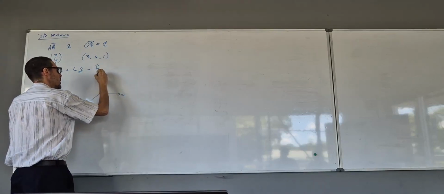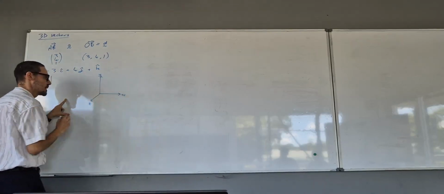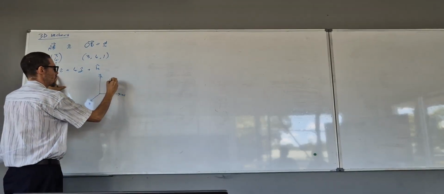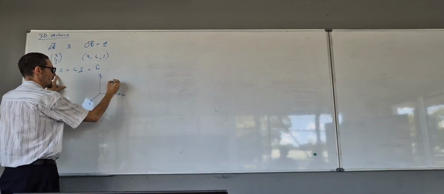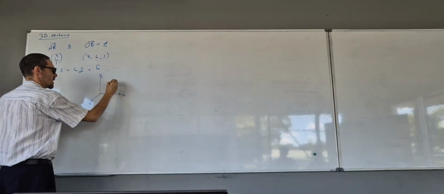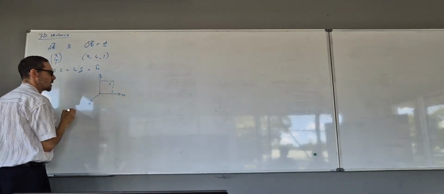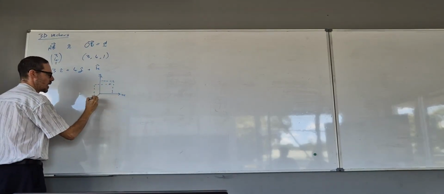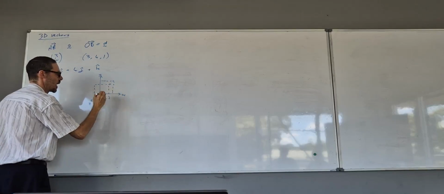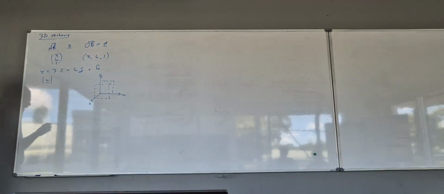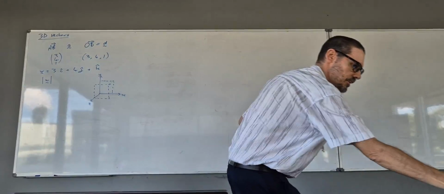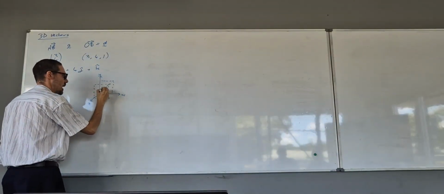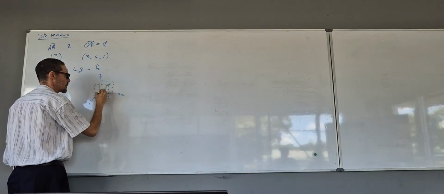X, Y, Z. It's 3 across, 4 up, and then 1 this direction. And I want to find the length from the origin to that point. Right, that's my vector W.